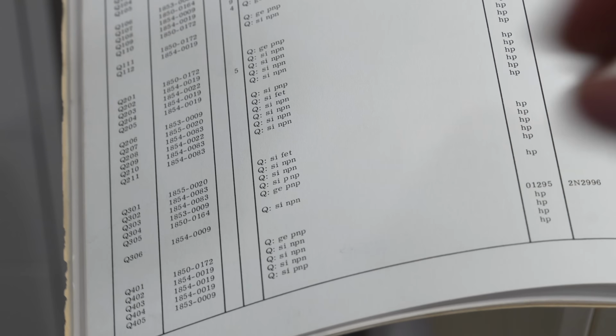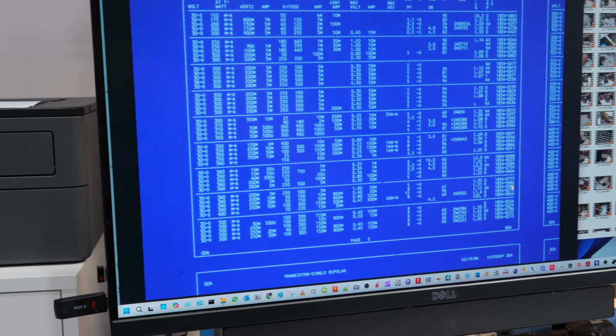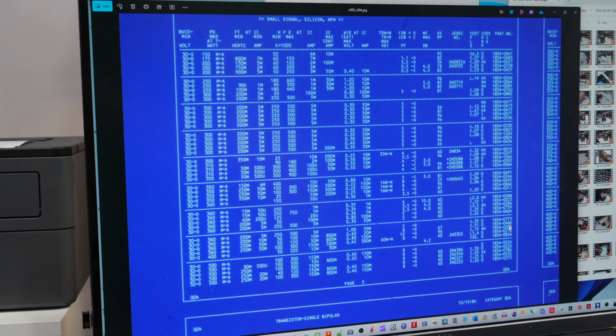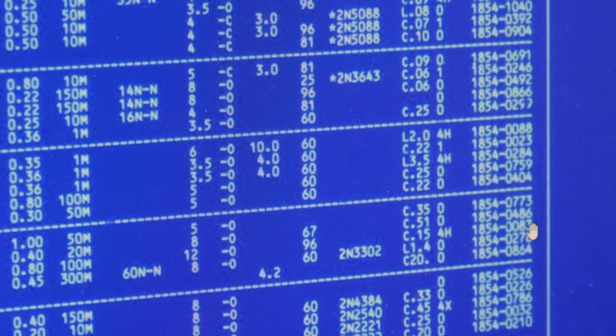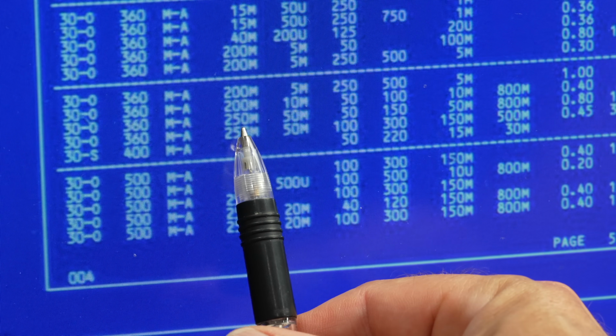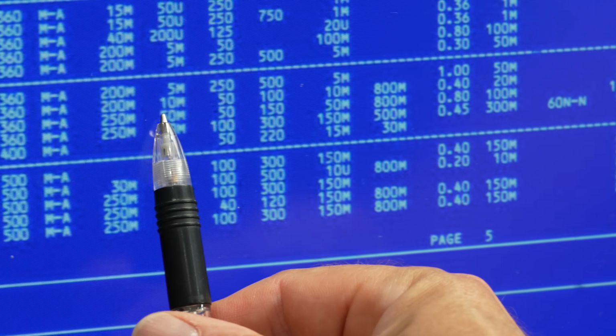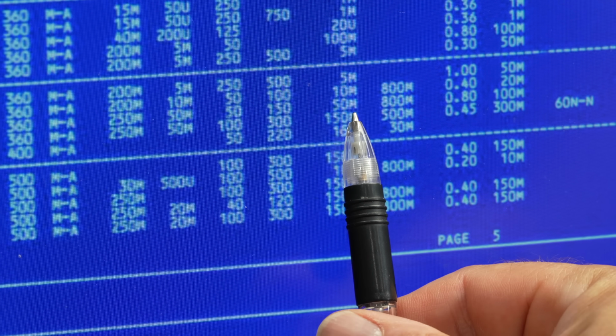It's made by HP, and of course there is no equivalent. But I found it in my fish, which by the way, they have been scanned and uploaded. There it is, 083. So 30 volts, 360 milliwatts, 250 megahertz at 50 milliamps, 50 to 150 gain at 50 milliamps.